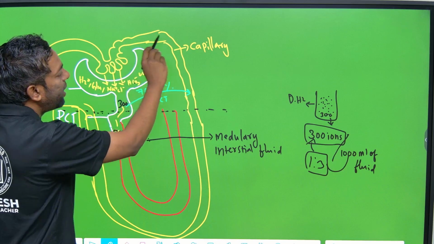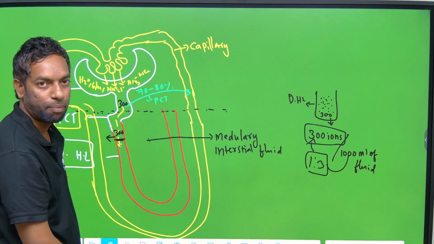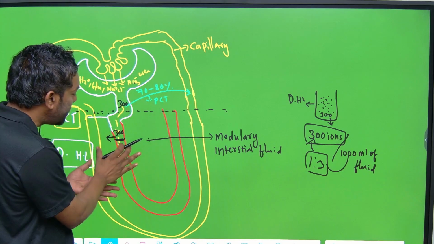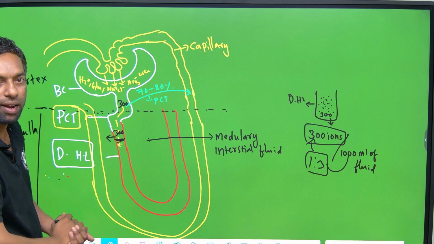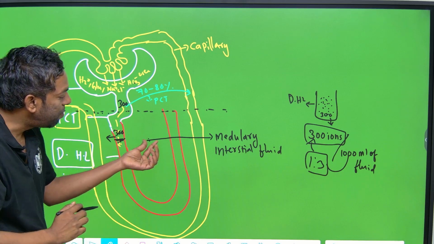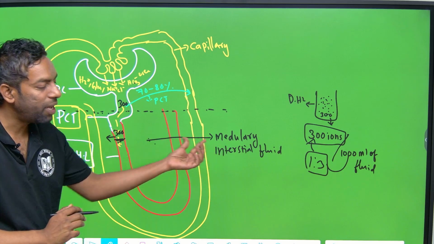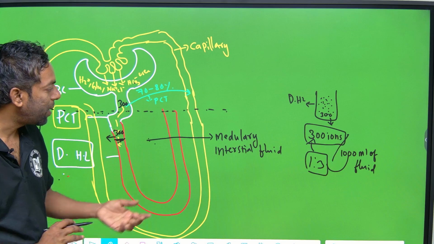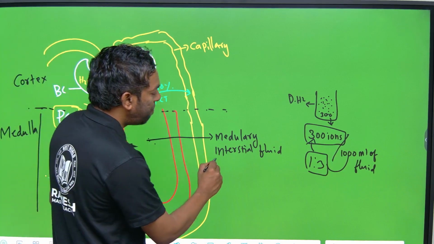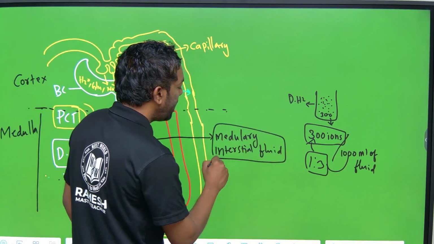This is the circulatory part, the blood vessel, and it has a certain ionic concentration. This kidney place has such an ionic concentration, and that is what we call the medullary interstitial fluid.